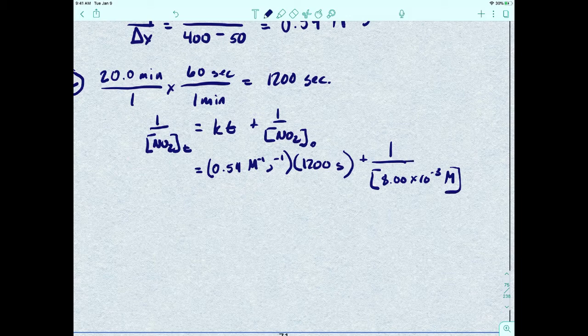And then this is all equal to 1 over NO2. We'll deal with the 1 over NO2 in a minute. So if we take 0.54 times 1,200, and then we add 1 over, let me get my calculator out.